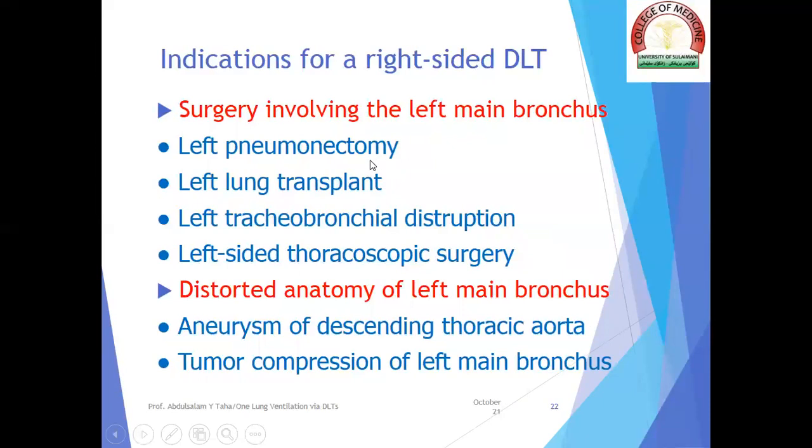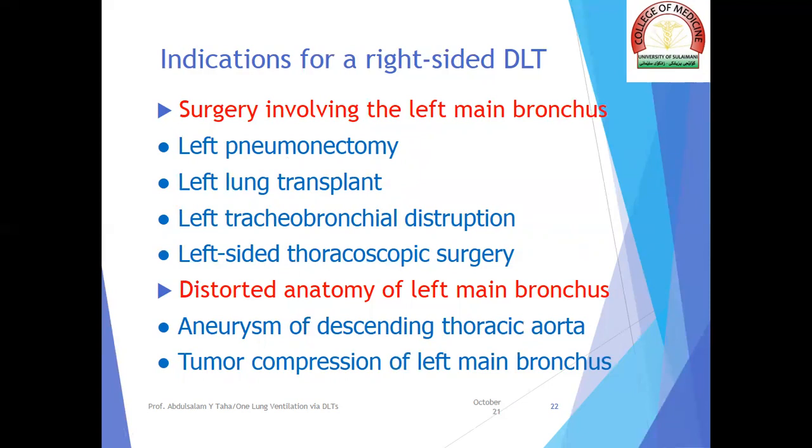One comment: in left pneumonectomy, actually, a left-sided double lumen tube can be used, and when the surgeon reaches the stage of division of the bronchus, the tube can be withdrawn to a level above the carina to complete the operation.